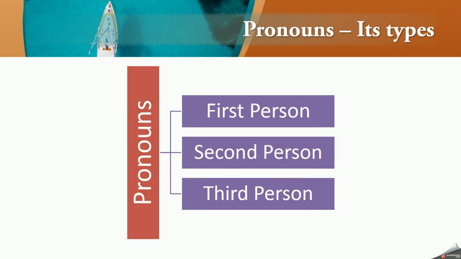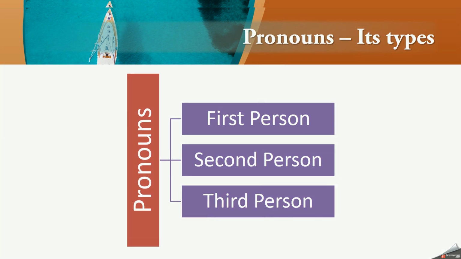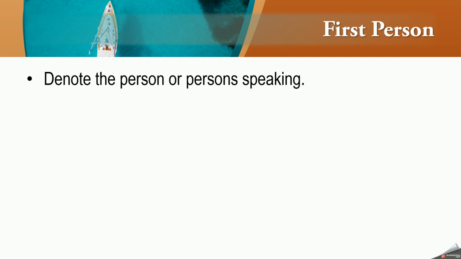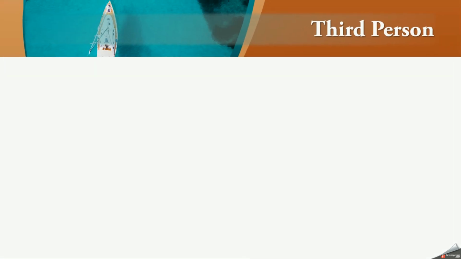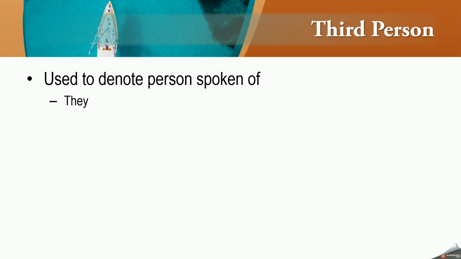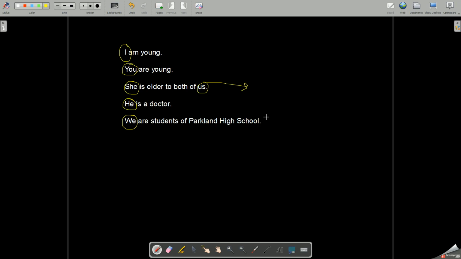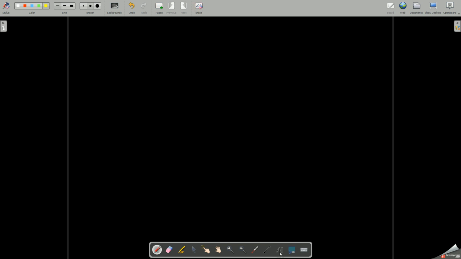So we have three types of pronouns here: pronoun of the first person, second person, and third person. The first person pronoun denotes the person or persons speaking, I and we. Second person, you. You is used both as singular as well as plural. Third person, they, he, or she. So we'll see examples of each of them.